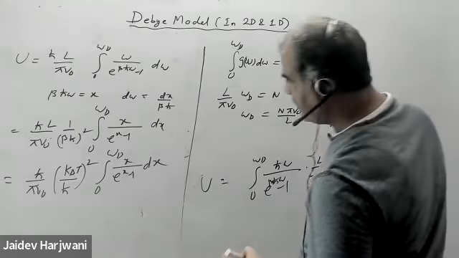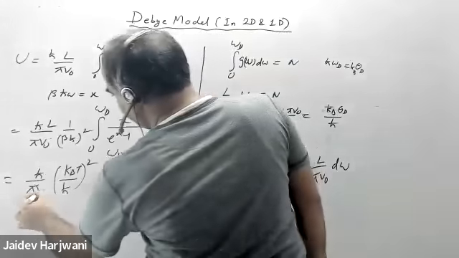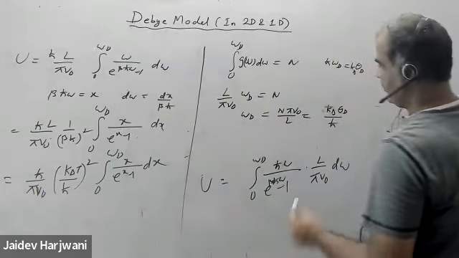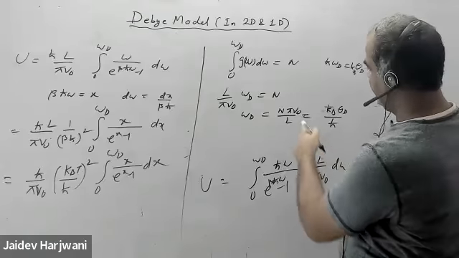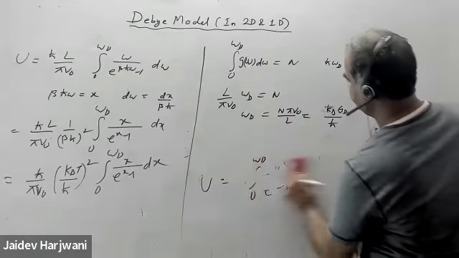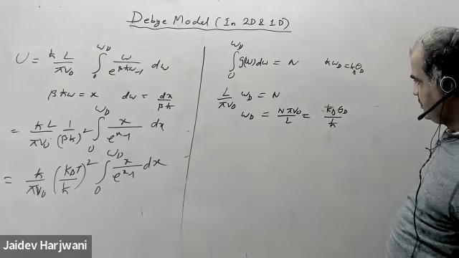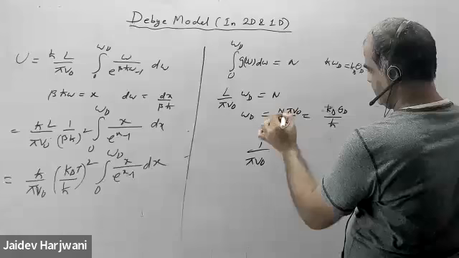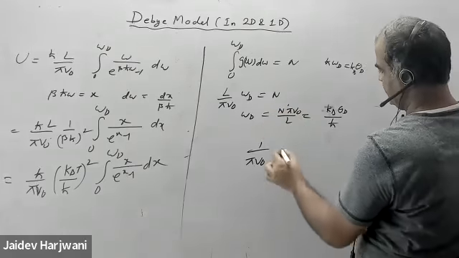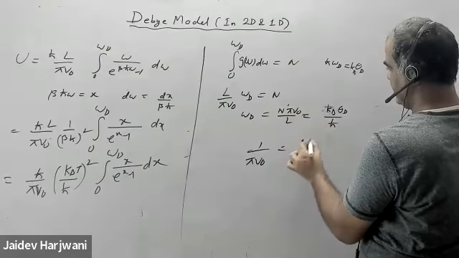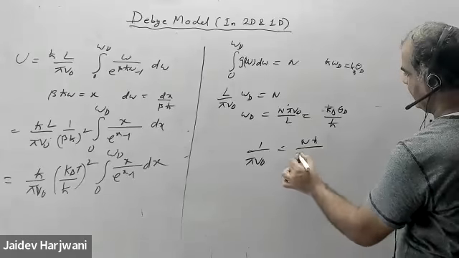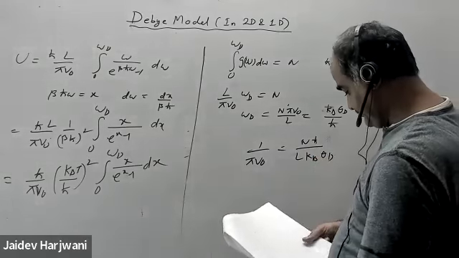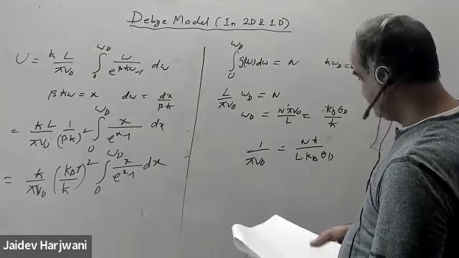So from here I want the value of 1 upon pi v naught. Take 1 upon pi v naught from here. So this will give you n h cut upon L k_B theta_D. Is this coming?